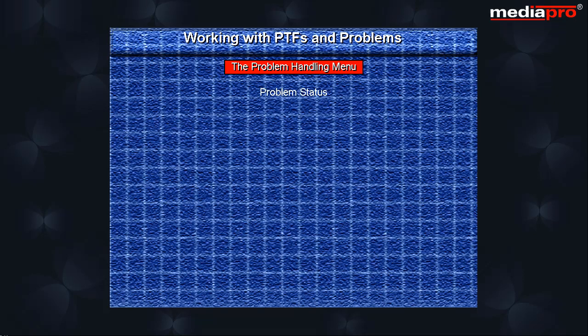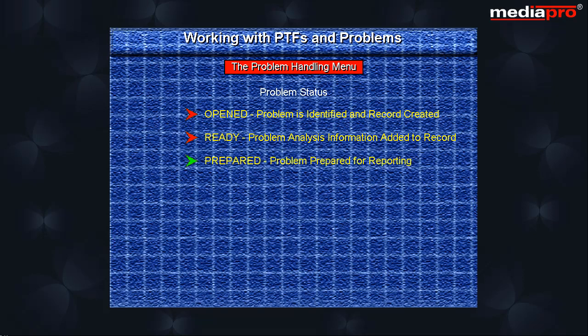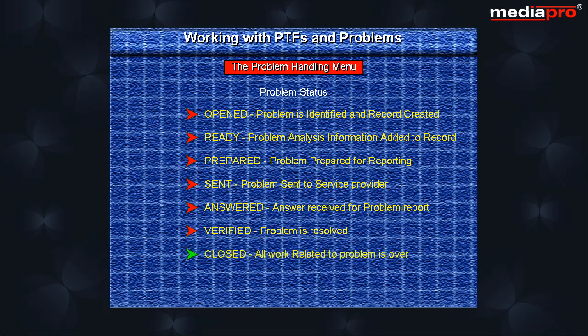The status column can have one of the following values: opened, which indicates that the problem was identified and a record was created for it; ready, which indicates that the problem analysis information has been added to the problem record; prepared, which indicates that the problem has been prepared for reporting; sent, which indicates that the problem record was sent to a service provider; answered, which indicates that an answer was received for the problem report; verified, which indicates that the problem was resolved; closed, which indicates that all work related to the problem is complete.